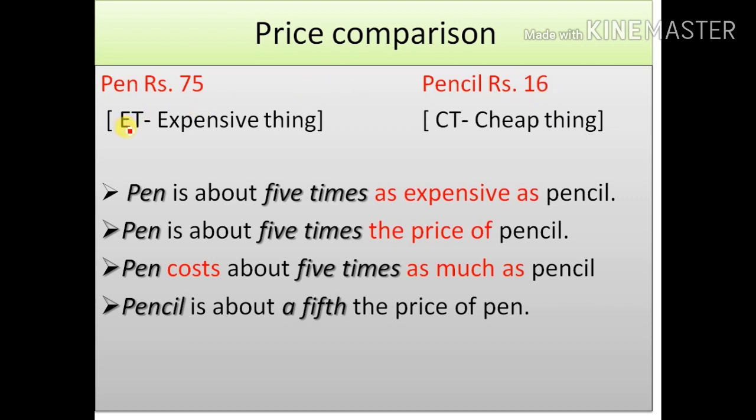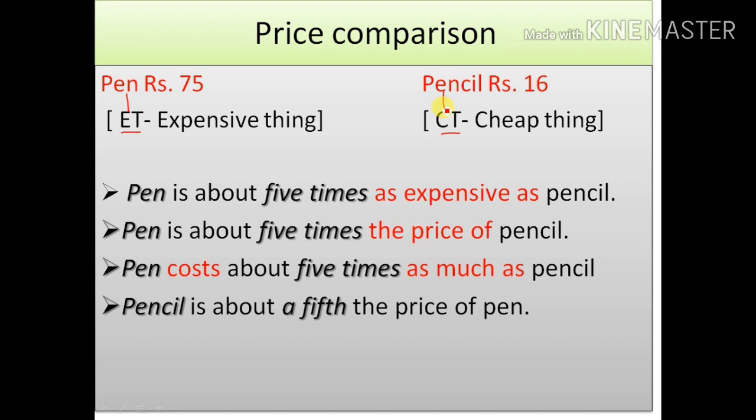So for your better understanding I used ET and CT. ET means expensive thing and CT means cheap thing. So here pen is expensive thing and pencil is cheap thing. So let's make comparison.